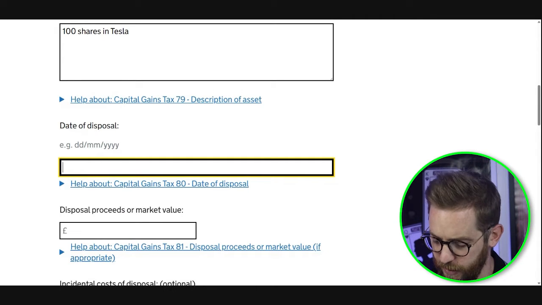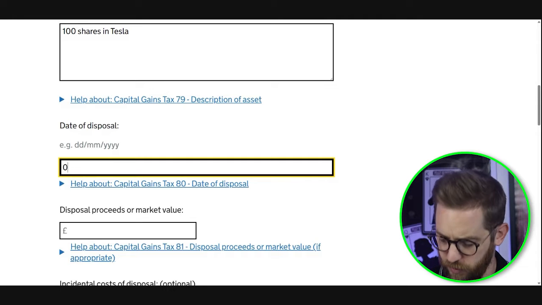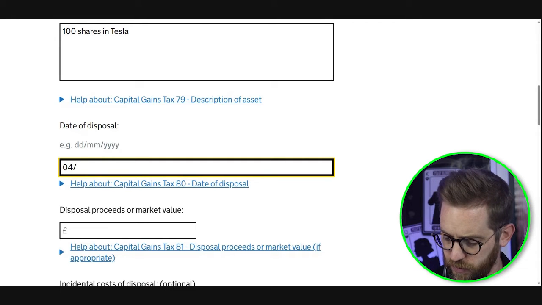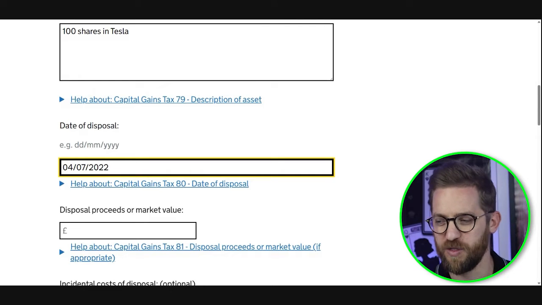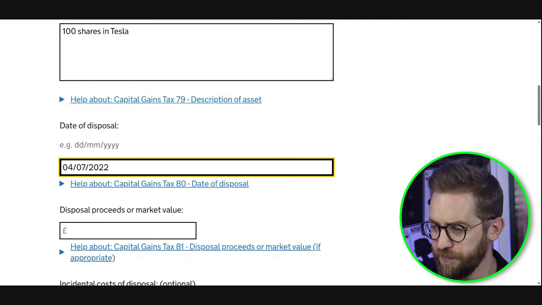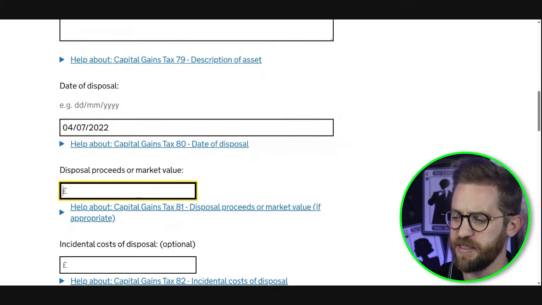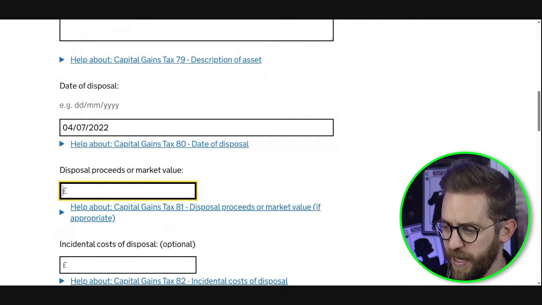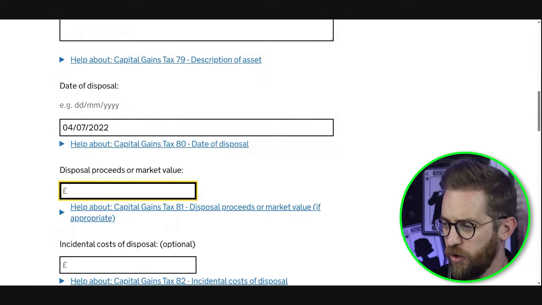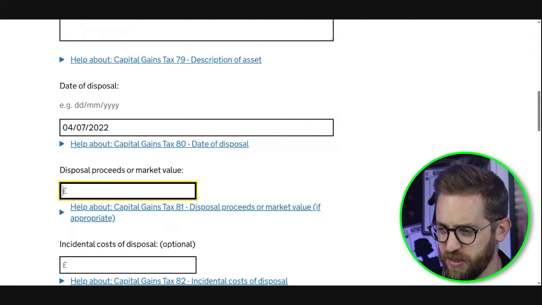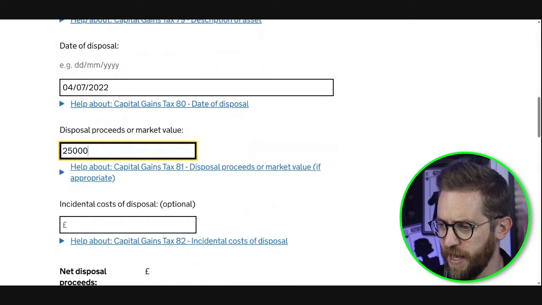The date of the disposal, so I'll go with a date within the tax year. So if we go with the 4th of the 7th, 2022, that will fall within the 22-23 tax year. And then the proceeds that we received for those shares. So I don't know what Tesla shares cost at the moment or are valued at. We'll put in sort of 25,000 for our 100 shares.